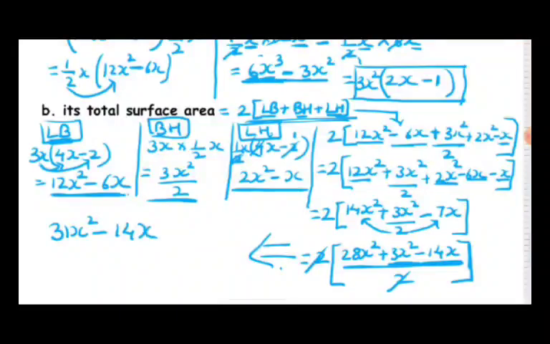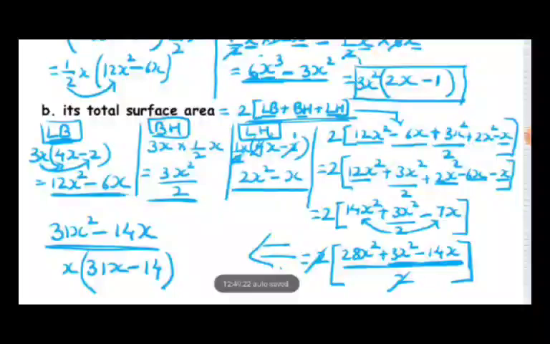What's common between these two? Only x. So x is equal to 31x minus 14. X outside. If I multiply this x by 31x, I get 31x squared. If I multiply this x by 14, I get 14x.